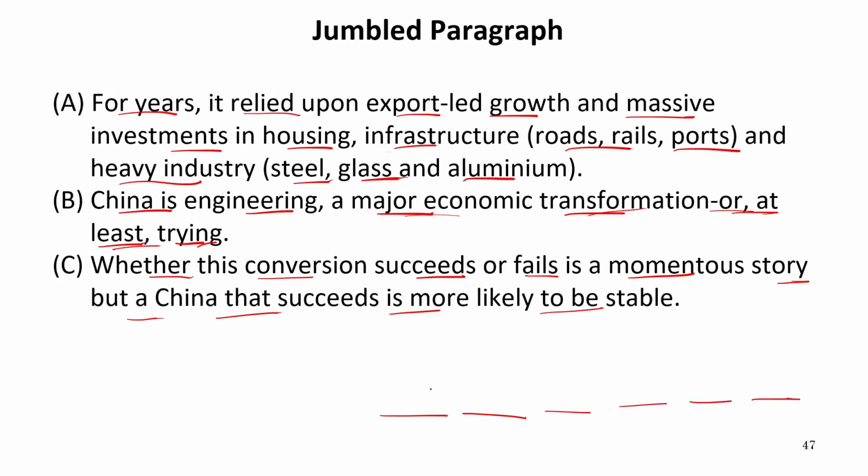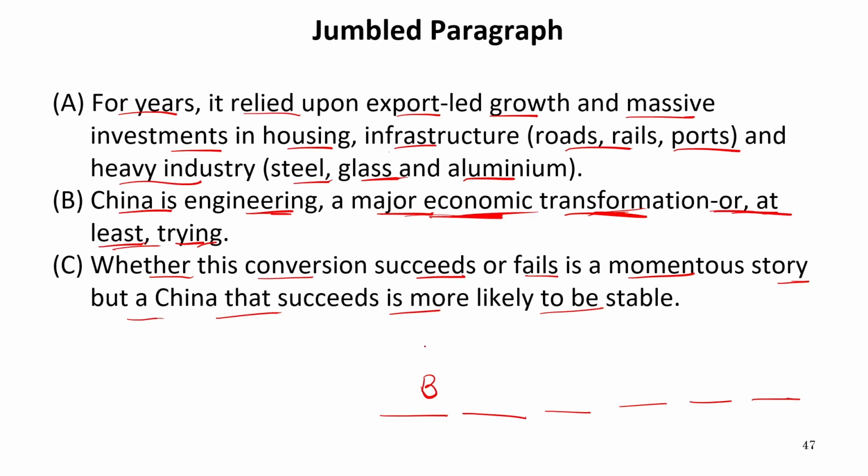Now we have 6 sentences. If we see the other sentences, in this, China has started something: China is engineering a major economic transformation, or at least trying. So B will be the first sentence.